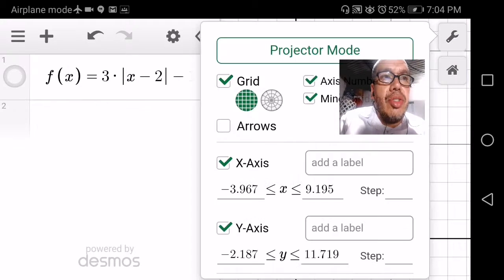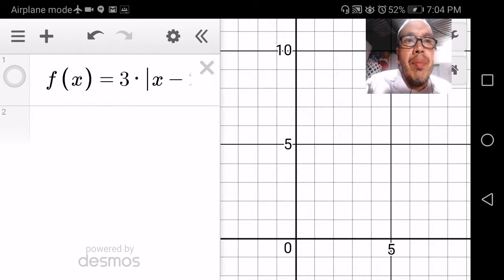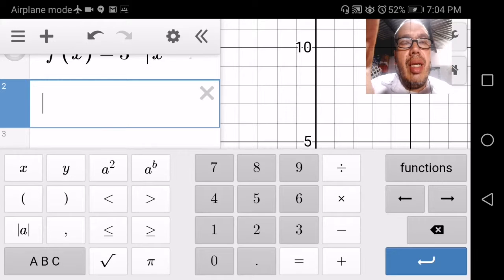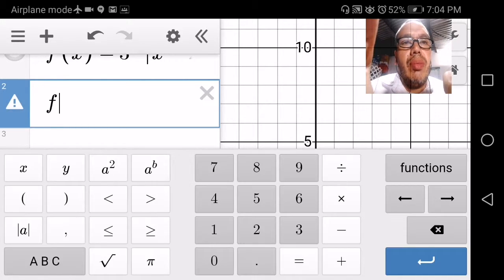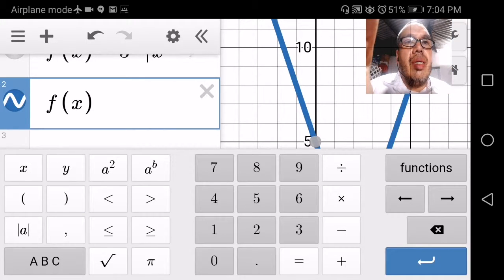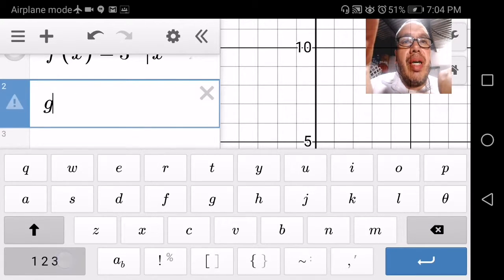Let me change this to projector mode so that the lines look a little thicker. And now let's take a look at another interesting function. Now this one is not available in the usual menu, and oh wait, I need to change the letter, so sorry, g of x.